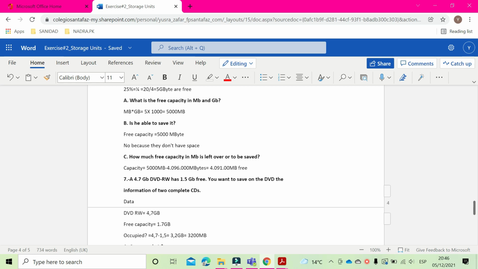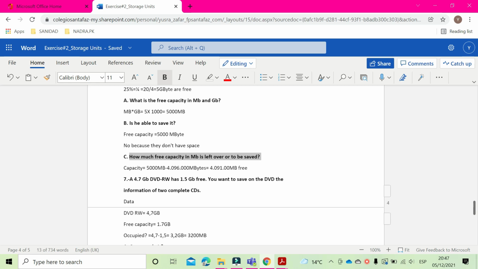Is he able to save it? The free capacity is 5000 megabytes, and in this case no, they can't, because they don't have enough space. They are unable to save it. The next question is how much free capacity in MB is left over after saving.